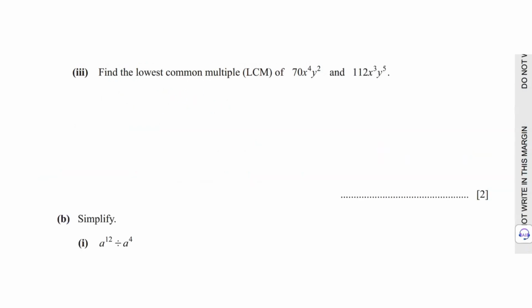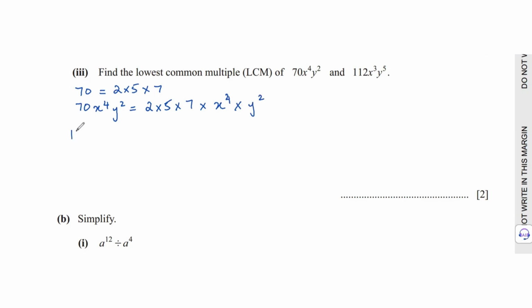The next part says, find the lowest common multiple of 70x to the power 4 y squared and 112x cubed y to the power of 5. So we know that 70 was 2 times 5 times 7. So 70x to the power of 4 y squared is going to be 2 times 5 times 7 times x to the power of 4 and y squared.